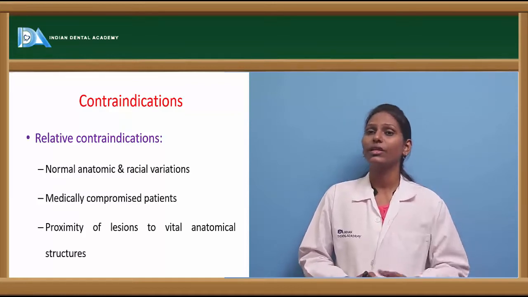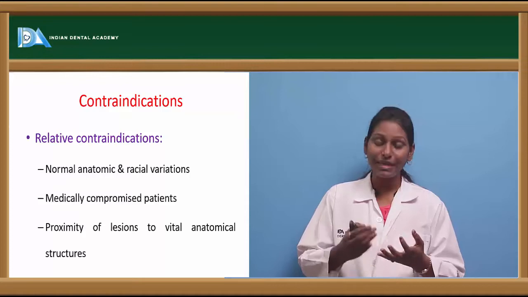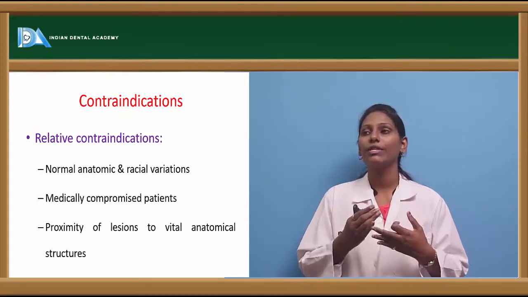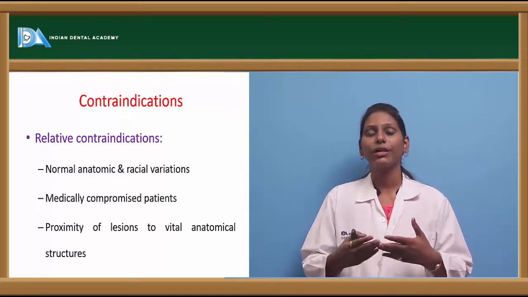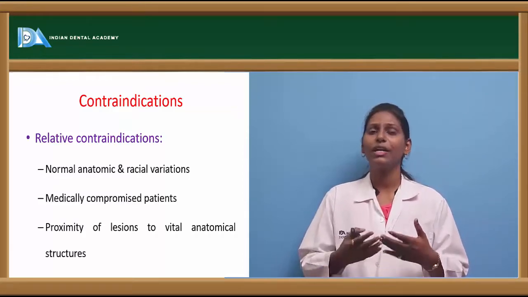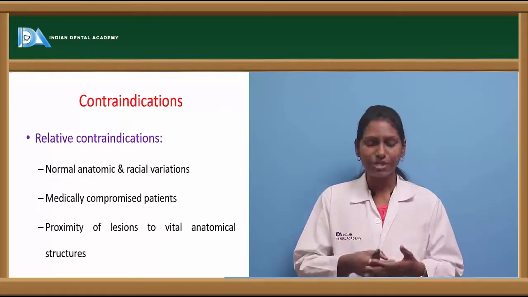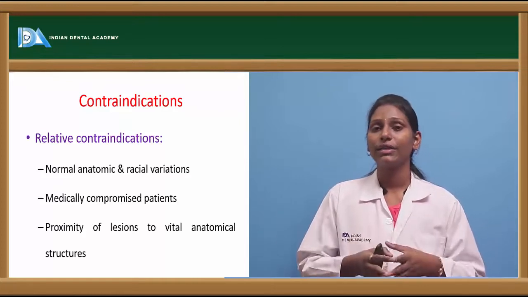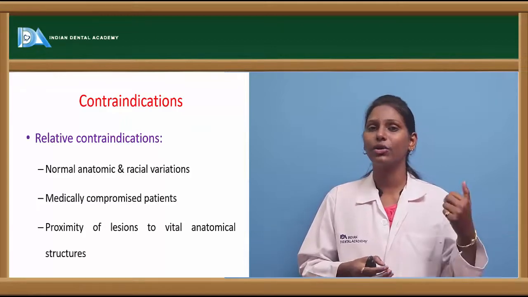Relative contraindications include medically compromised patients who have bleeding disorders, or uncontrolled diabetes, or who are on ecosprin or anticoagulant therapy. Why do we call it a relative contraindication? If the patient is on warfarin or any anticoagulant, when we take a biopsy there could be uncontrolled bleeding.